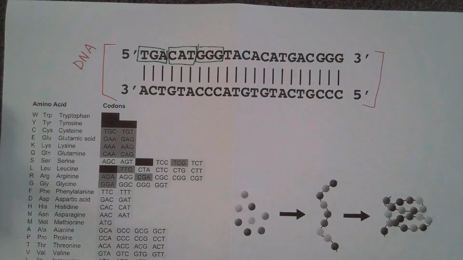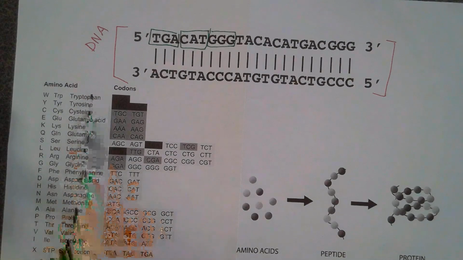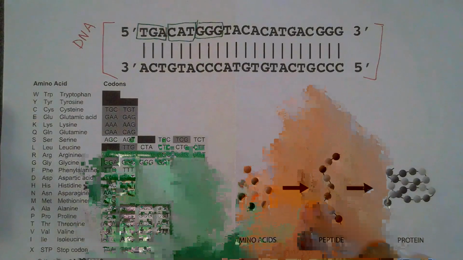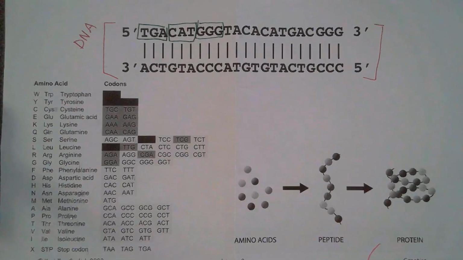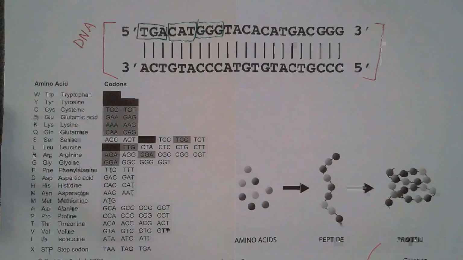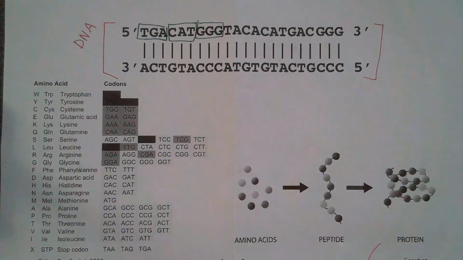This set of 3 tells us to grab an amino acid. There are lots of different types of amino acids, about 20 that I think our body uses, from memory.